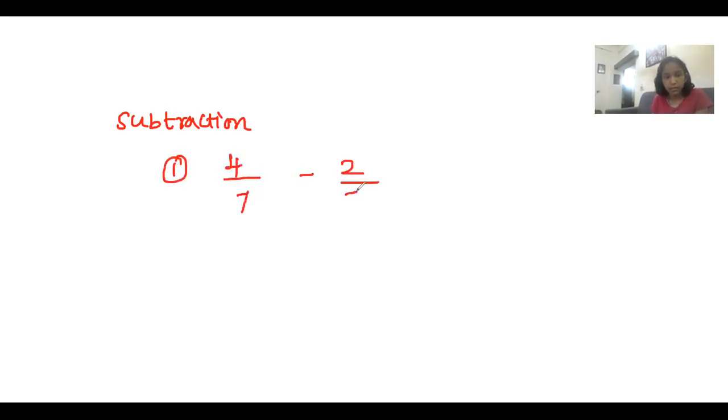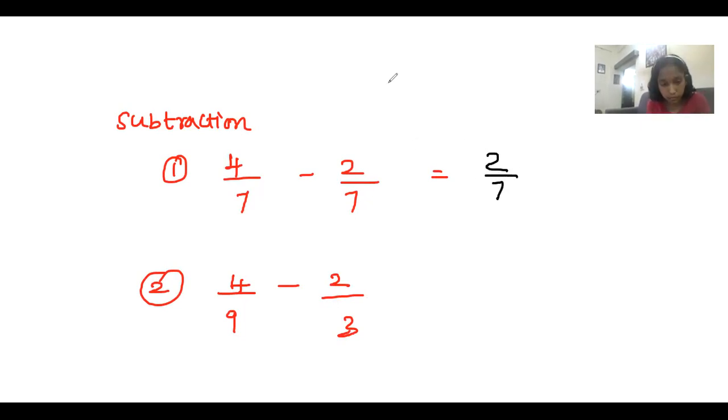Okay, let me clear the window. Subtraction. Ma'am, the answer is 2 by 7 for the first one. Very nice. And what about the second one?